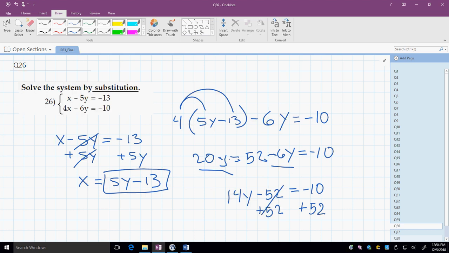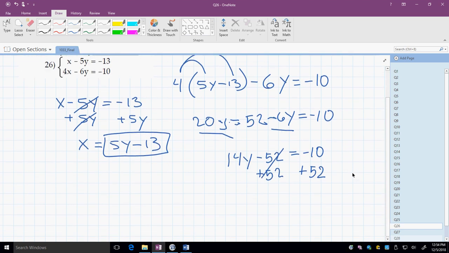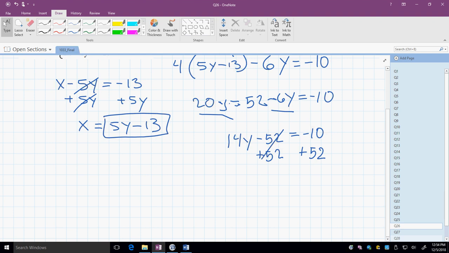Cancel. Okay. I'm going to have 14y equals 42, divided by 14 both sides. So it's going to give me 3.